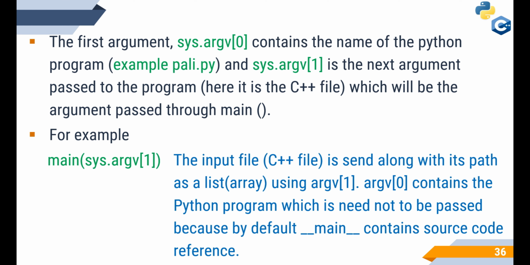For example, main sys.argv of 1. The input C++ file is sent along with its path as a list using argv of 1. Argv of 0 contains the Python program, which need not be passed because by default main contains the source code reference.